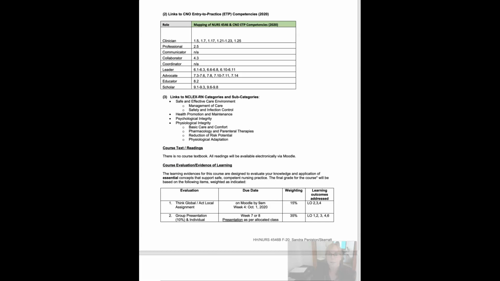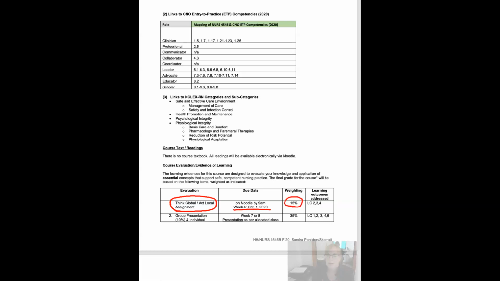Okay, let's get into the course evaluation and evidences of learning. Your first assignment is the Think Global, Act Local assignment. This assignment is due at the beginning of week 4 on Moodle by 9 a.m., so that works out to be October the 1st, and it's worth 15%.